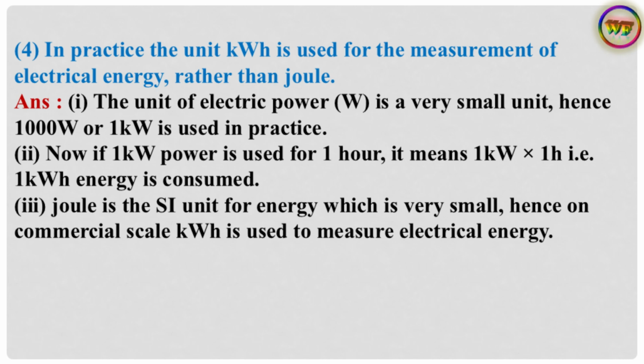Point 2. Now if 1 kilowatt power is used for 1 hour, it means 1 kilowatt times 1 hour. In other words, 1 kilowatt hour energy is consumed. Point 3. Joule is the SI unit for energy, which is very small, hence on commercial scale kWh is used to measure electrical energy.